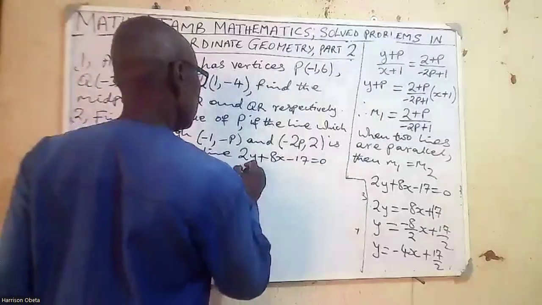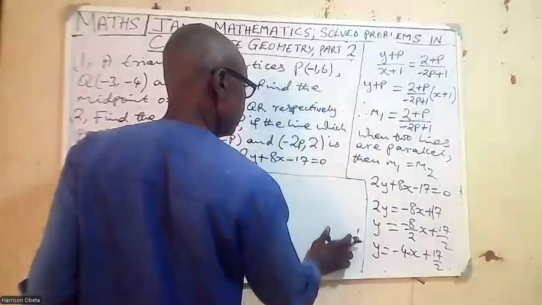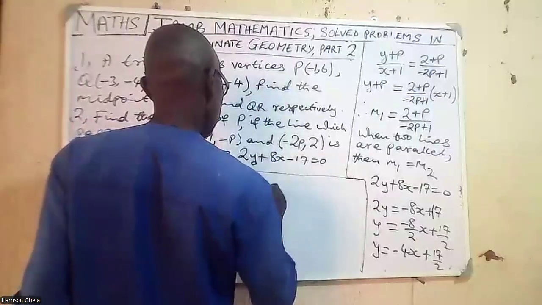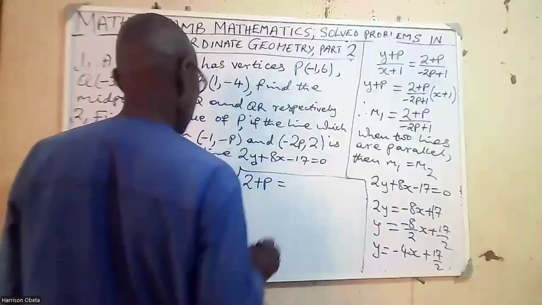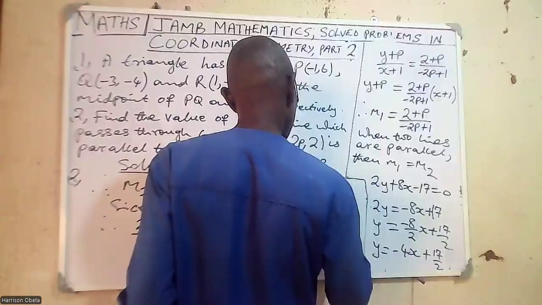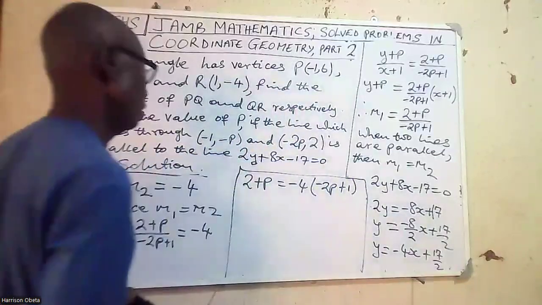If you cross multiply, 2 plus p is equal to minus 4 brackets minus 2p plus 1.